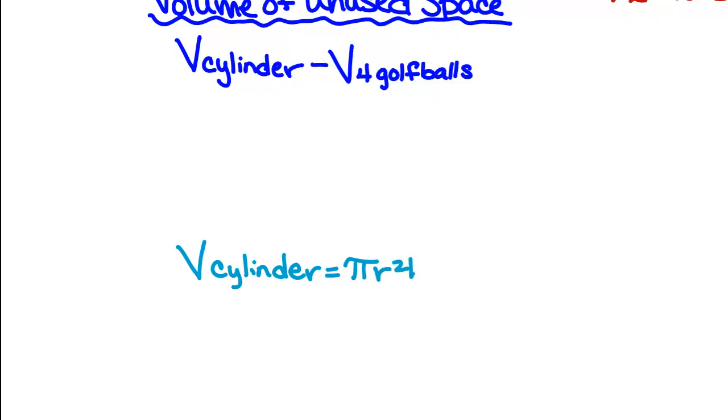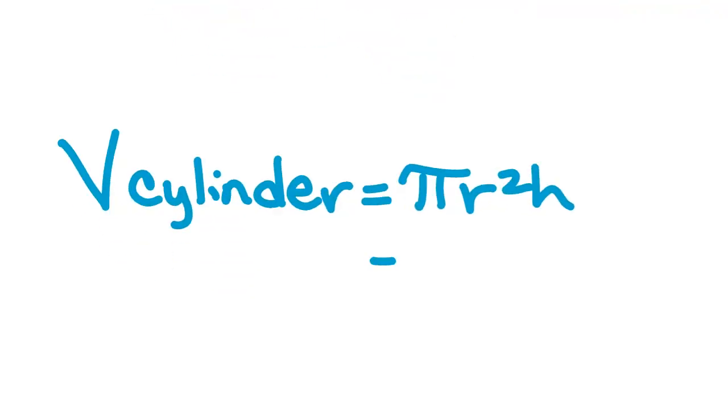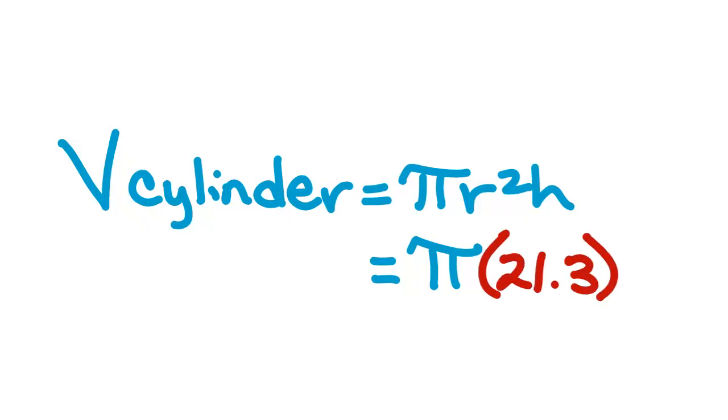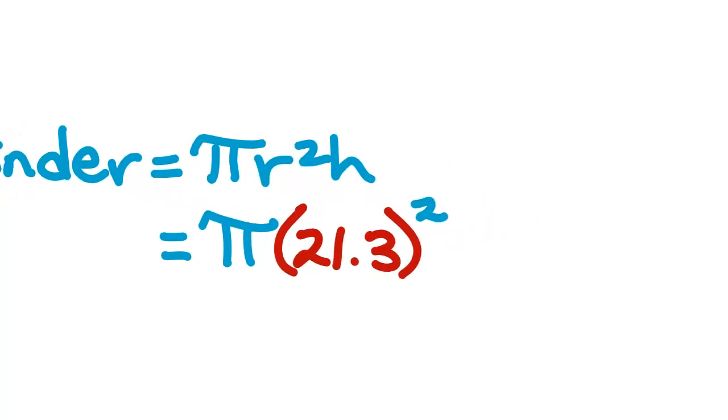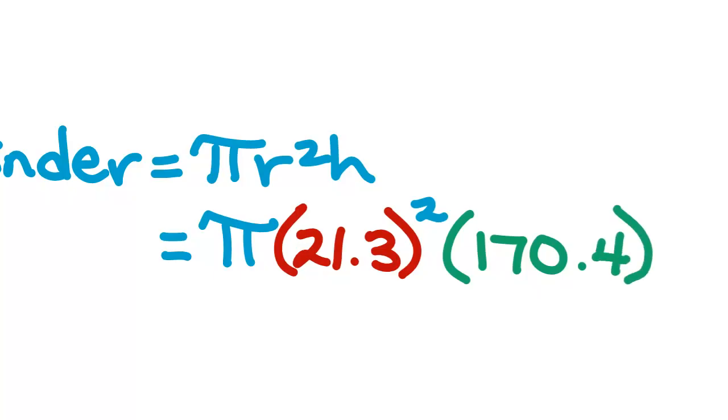Yes, pi r squared times the height. What is the radius of this cylinder? 21.3. So I have pi times 21.3 squared times the height, which is how much? 170.4, yes.